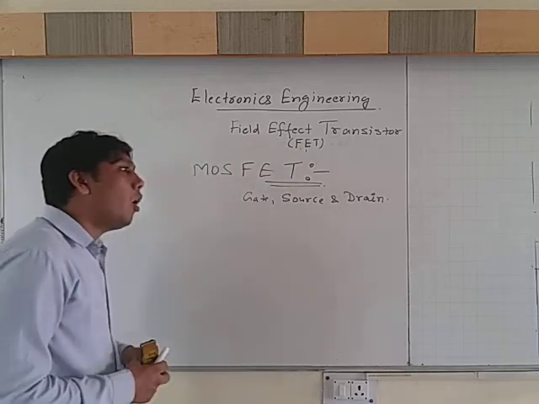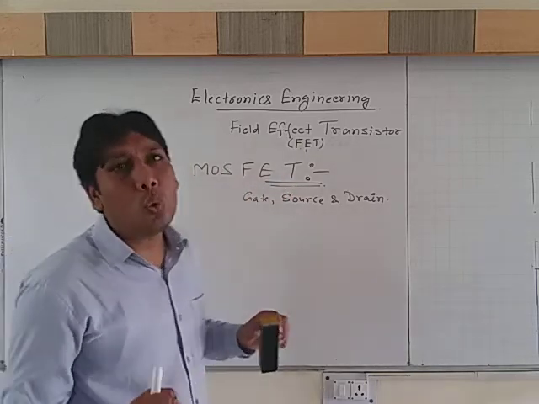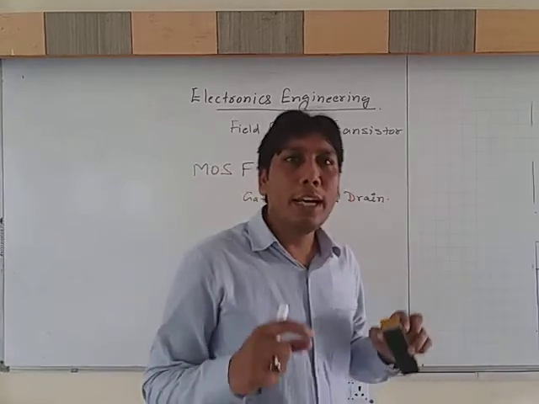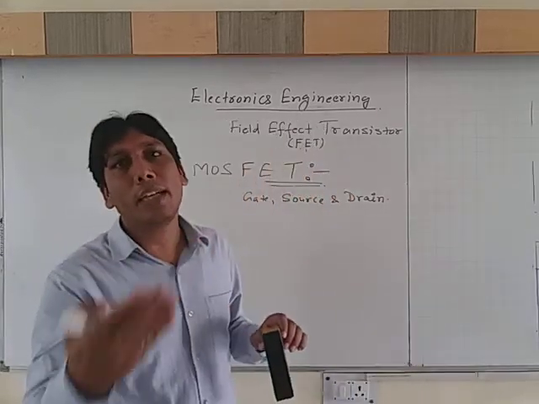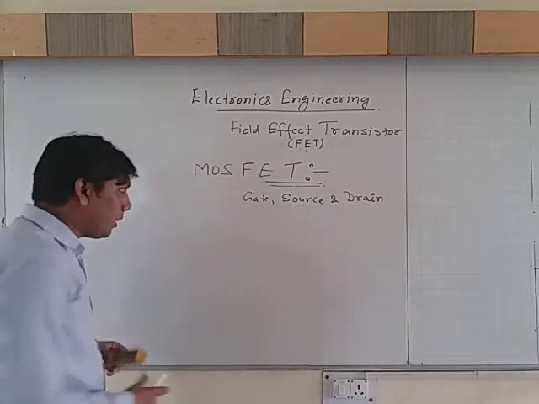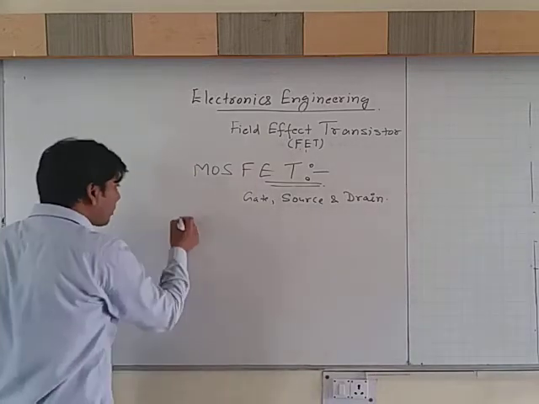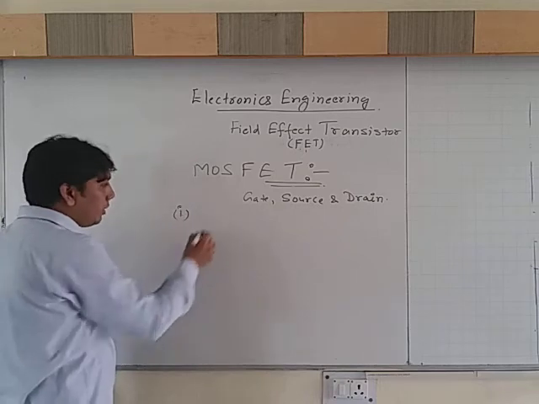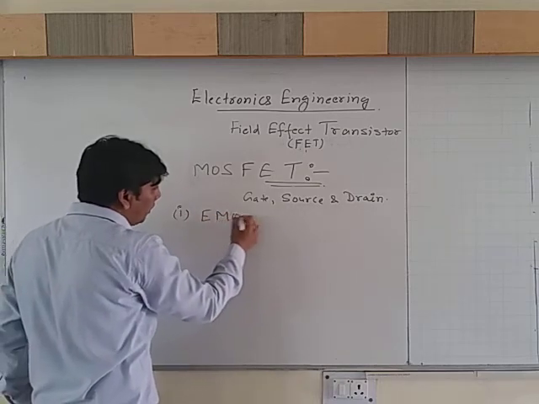The layer of SiO2 works as an insulator in between gate and the channel. That's why this is called MOSFET. The first type of MOSFET is the E-MOSFET.